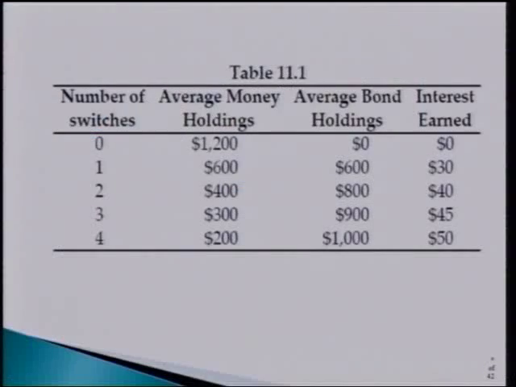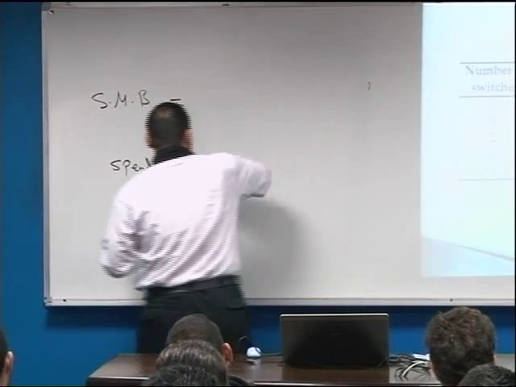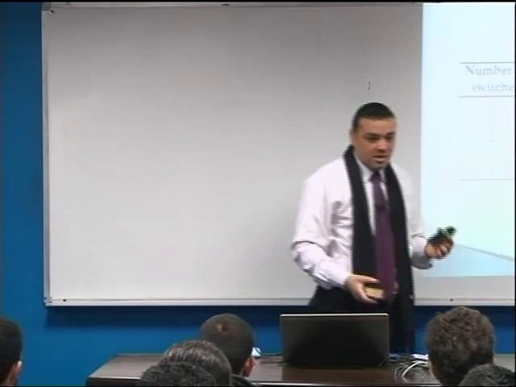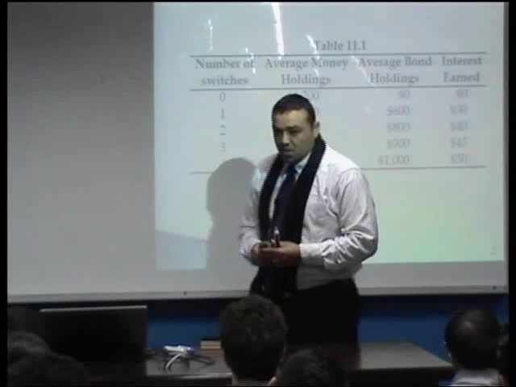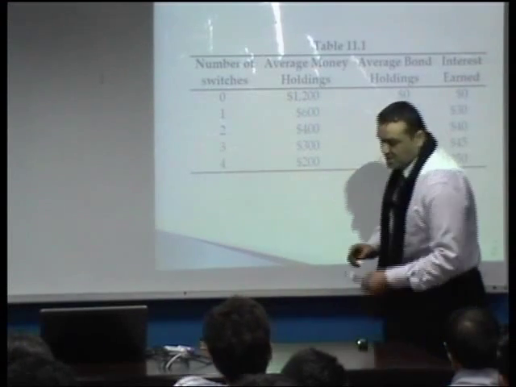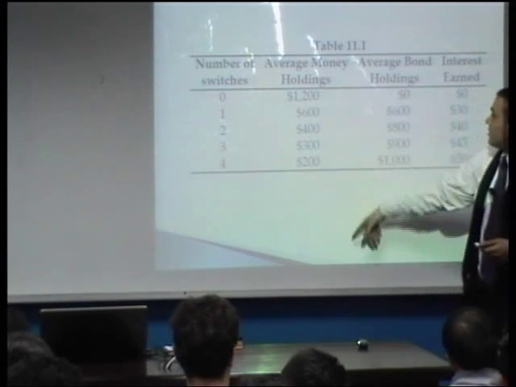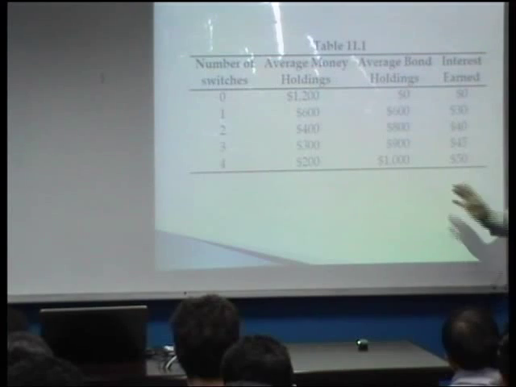Let's go to the following example. It's related to average money holding, average bond holding, net profits, optimization, and so on. As you see, in this example we have the number of switches, the average money holding, the average bond holding, and the interest earned.